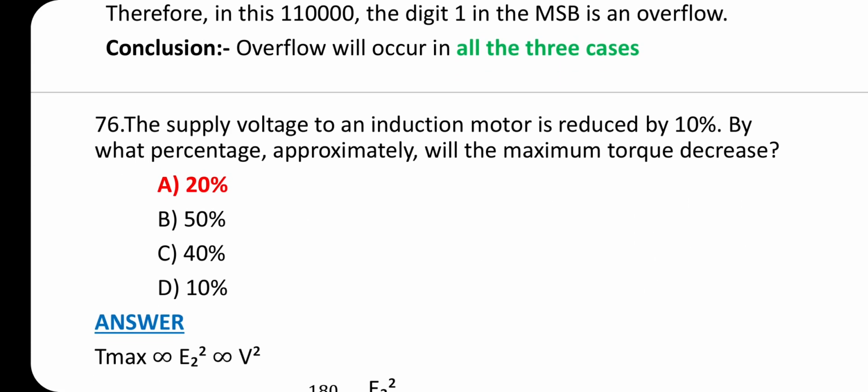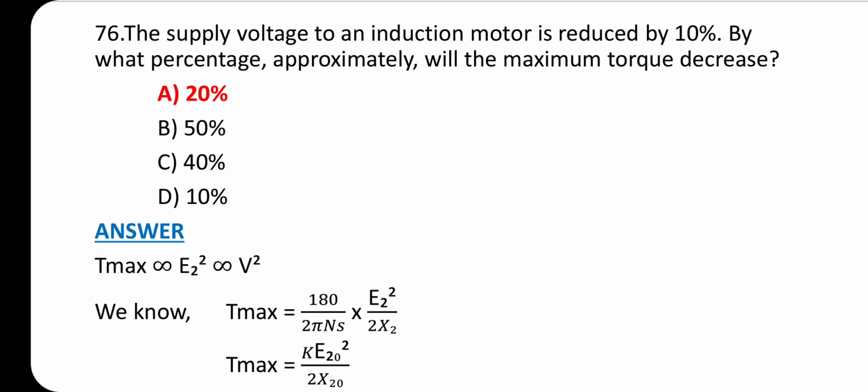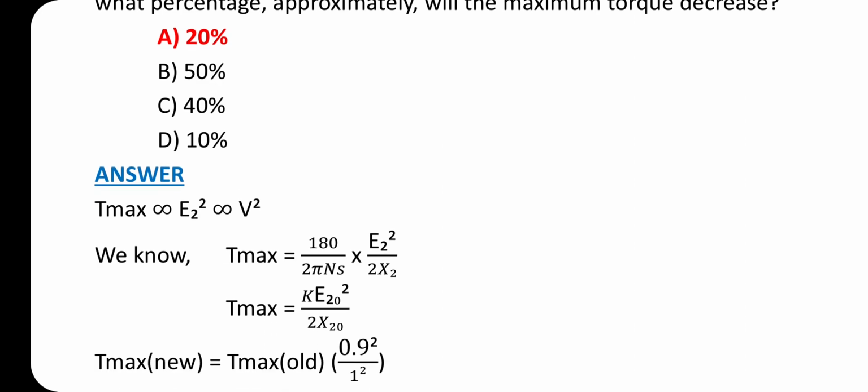The supply voltage to an induction motor is reduced by 10%. By what percentage approximately will the maximum torque decrease? Answer is option A, 20%. Tmax is directly proportional to E2 square, which is directly proportional to V square. We know Tmax, that is torque maximum, equals 180 divided by 2 pi Ns into E2 square divided by 2x2.